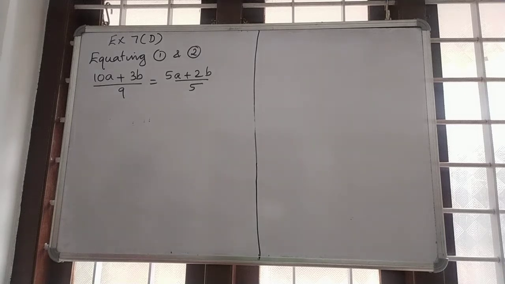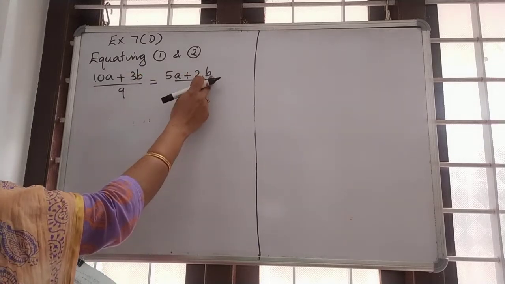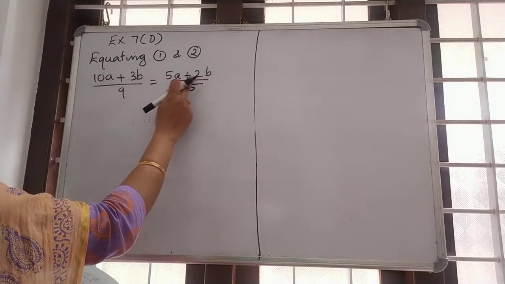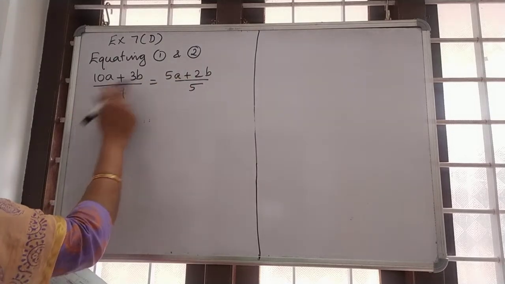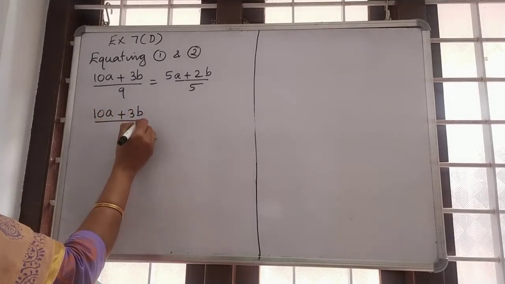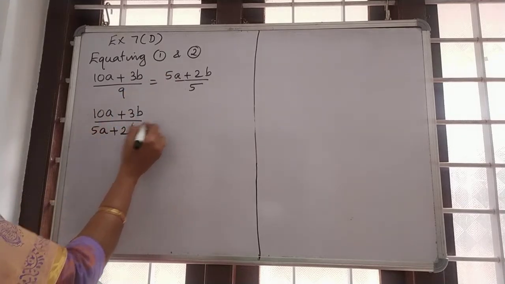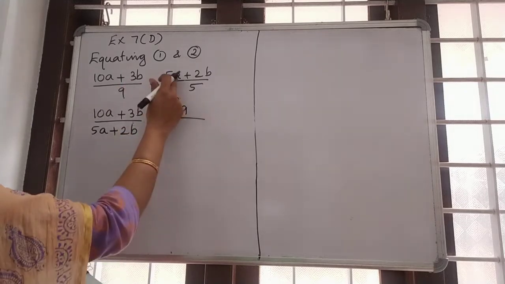We want to find out 10A plus 3B is to 5A plus 2B, which means 10A plus 3B divided by 5A plus 2B. So this 5A plus 2B we want to take to the left side. We can rearrange: 10A plus 3B divided by 5A plus 2B is equal to, in place of 5A plus 2B we write 9, just changing the places only.